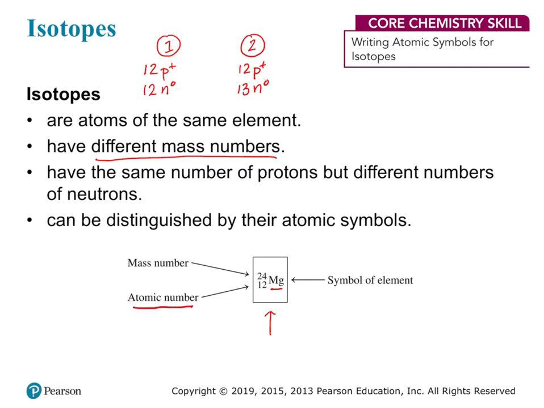So for magnesium, that's 12. And remember, that's also the number of protons. And then above that, we put the mass number, which remember is the number of protons plus neutrons.